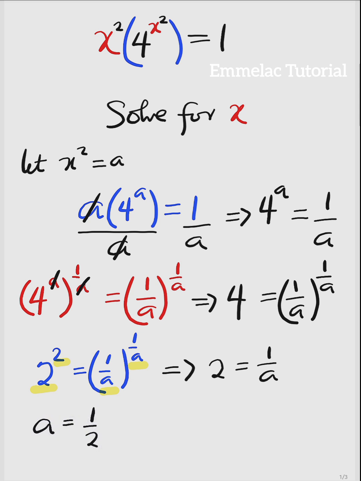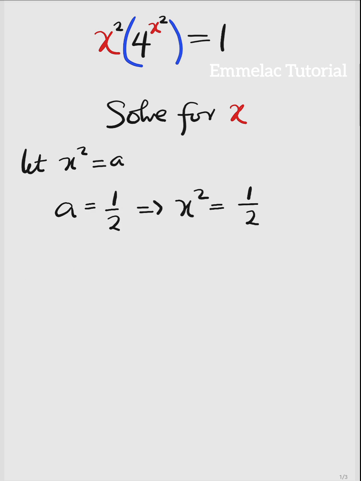Now, but take note that we're actually looking for x and not a. So to this point now, we know that x squared equals a, so we can now replace our a for x squared, which implies x squared then equals 1 over 2. Okay, and at this point now, let's square root both sides of this equation.